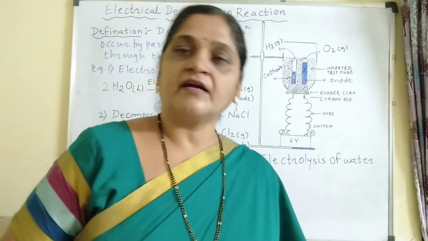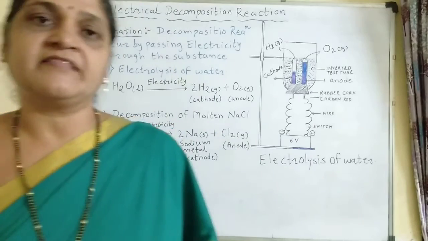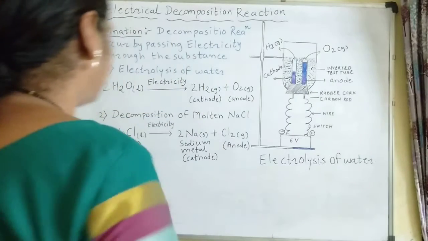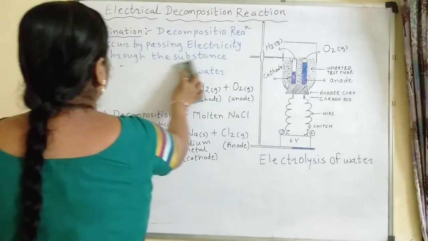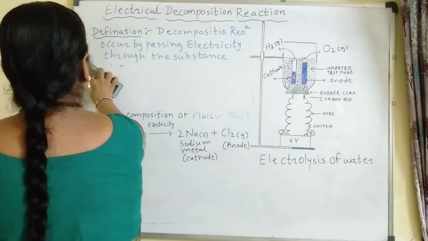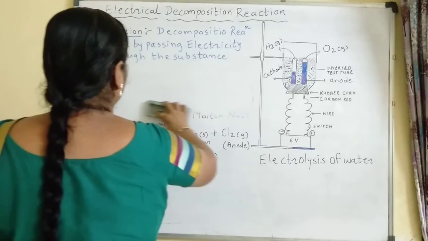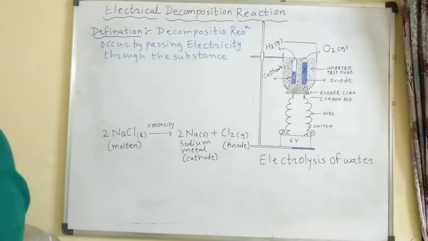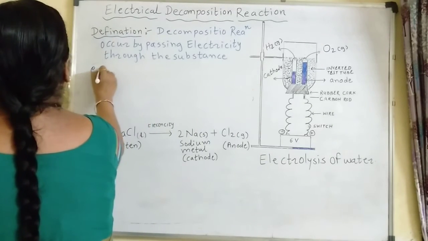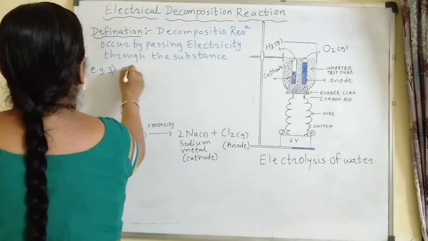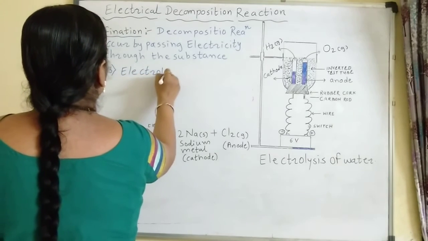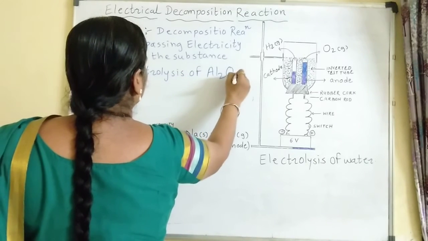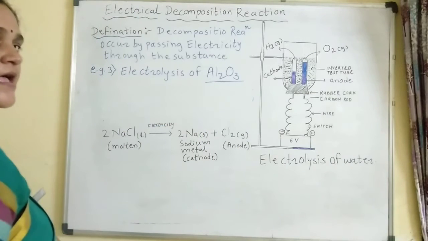We will see a third example of the electrolysis reaction, that is electrolysis of molten aluminium oxide. Now I will write the equation over here. Aluminium oxide has the formula Al2O3.